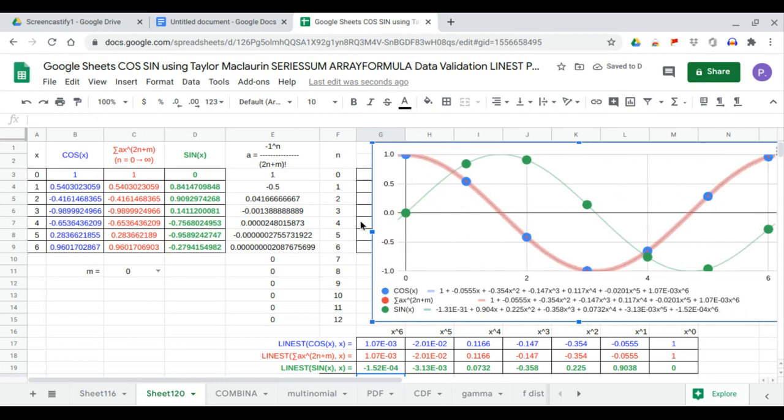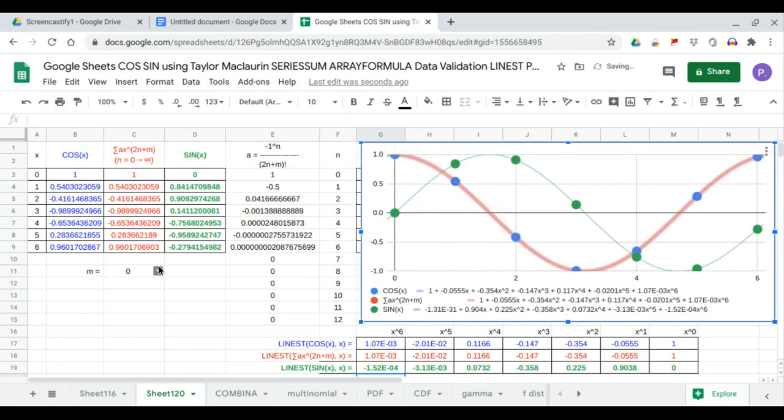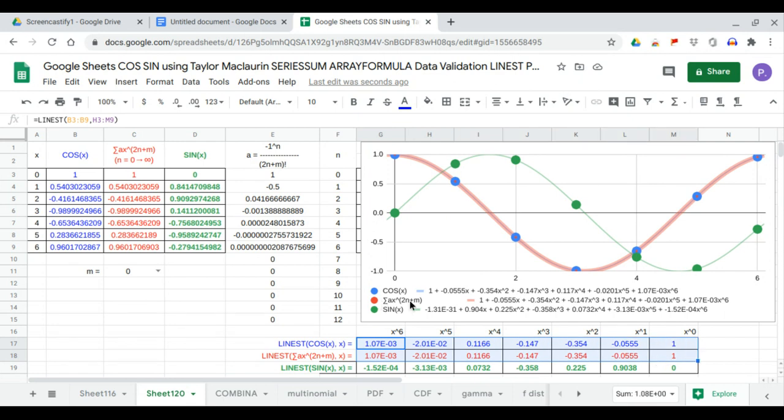So we can compare. If m is 0 for cosine, these values are the same. So that means the red line is on the blue, covers the blue datasets, and their regression coefficients are the same.